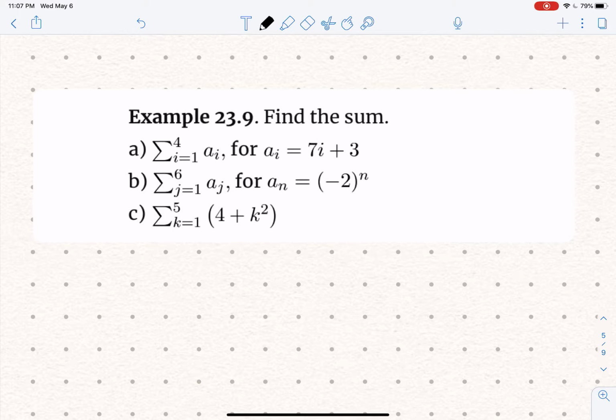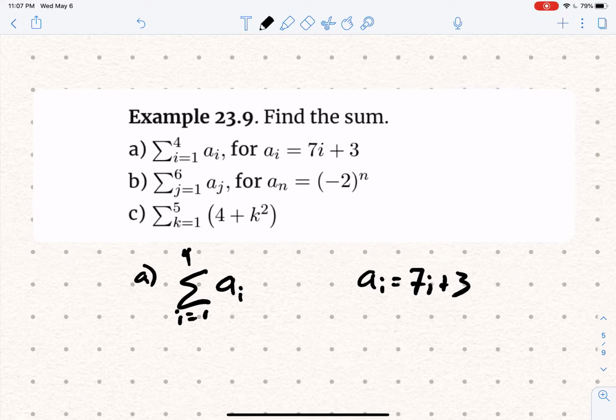So, part A. This is the sum, i equal 1 to 4, of a_i, where a_i is defined as 7i plus 3. To find what this sum is equal to, I can tell you right now what it's going to look like.